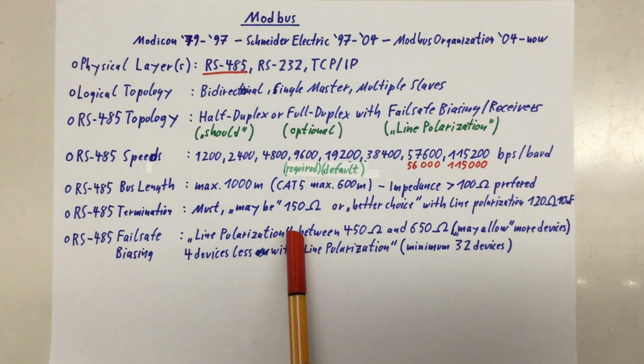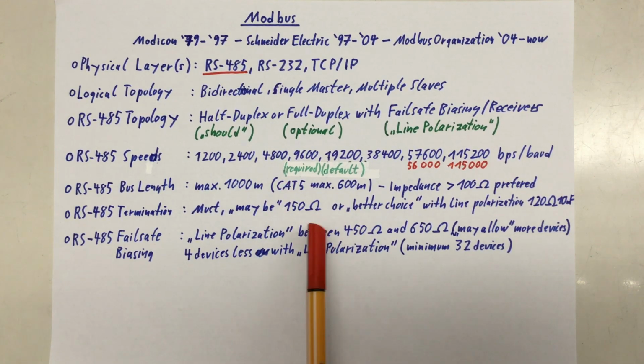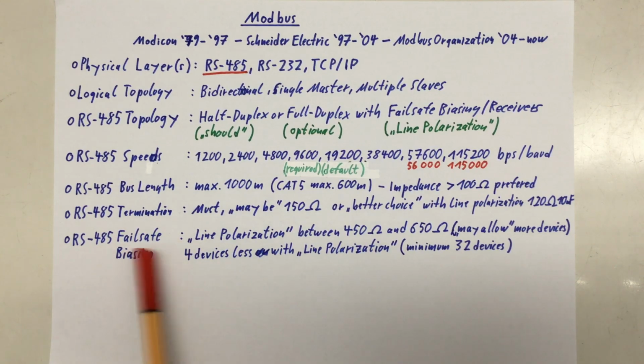In turn, the question arises, how can they get away with using 150 ohm resistors for termination instead of 120 ohm ones? Especially when you consider that the Modbus specification allows you to put the pull-up and pull-down resistors for fail-safe biasing anywhere on the line.